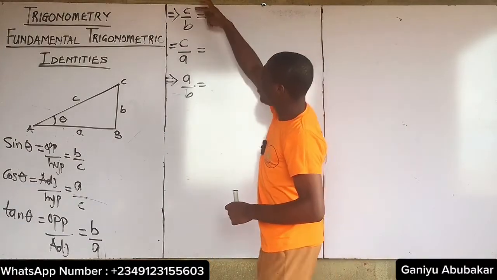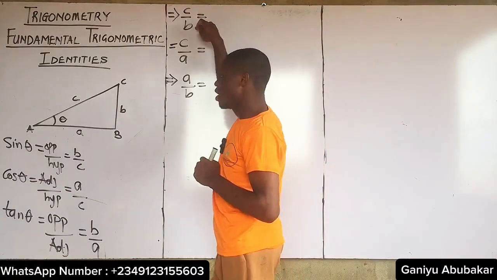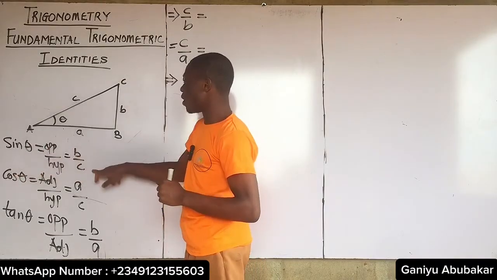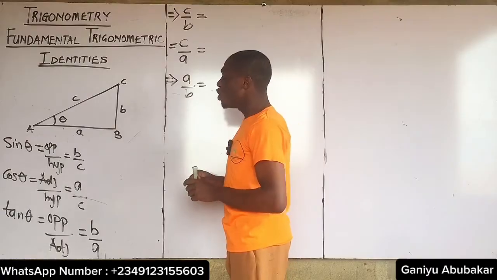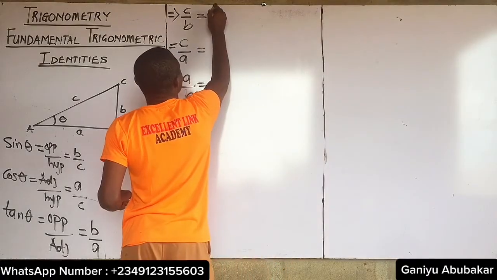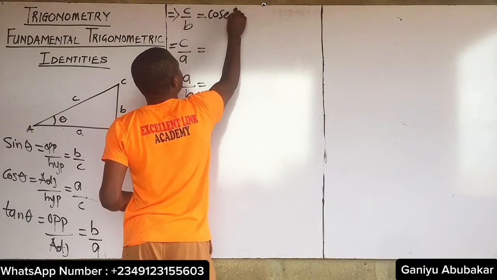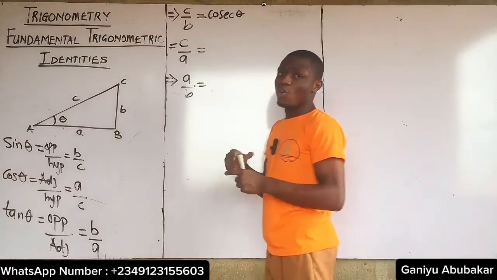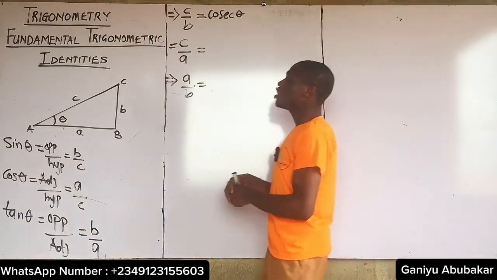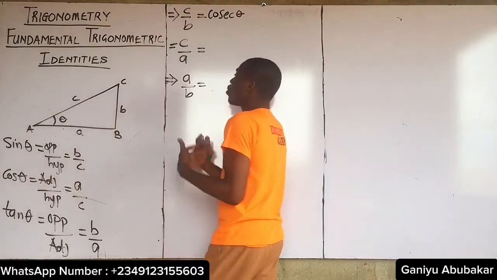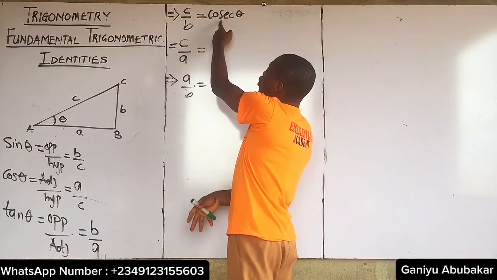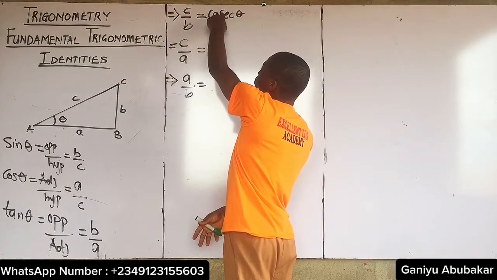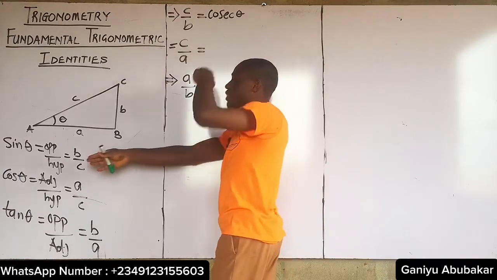Listen up please. I'm having sine as B over C. So if I now have C over B, what will it become? We know that cosec theta will always give 1 over sin theta. So the relationship with sine will be cosec, because this S stands for sine, so this cosec is related to sin theta, right?